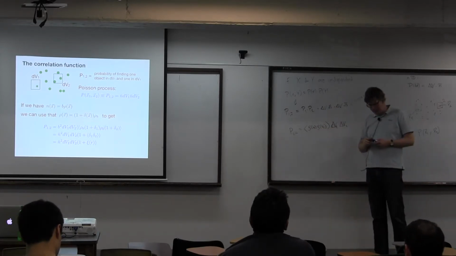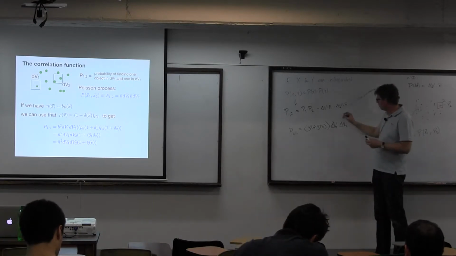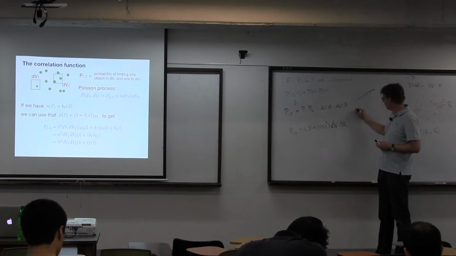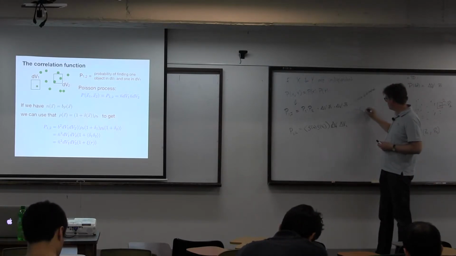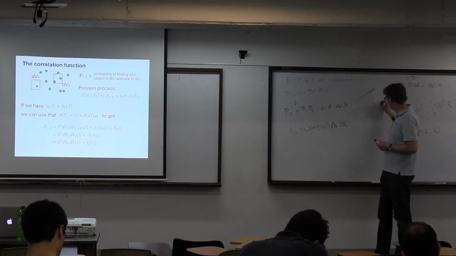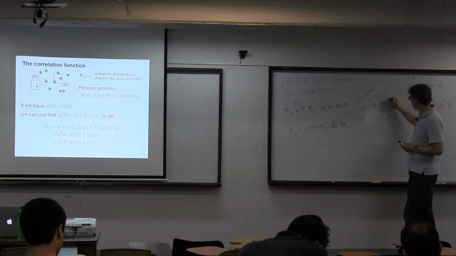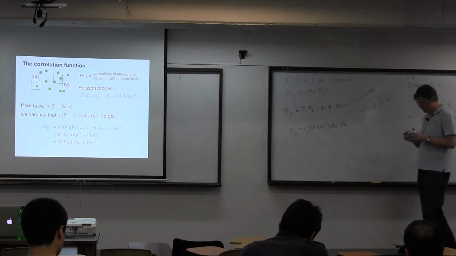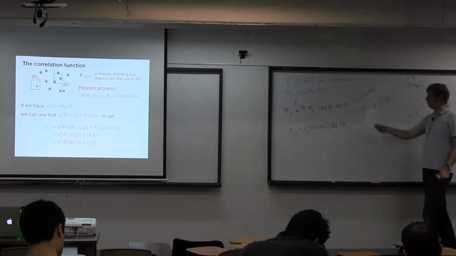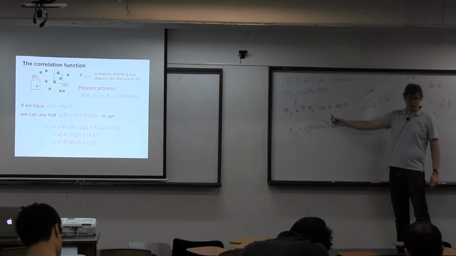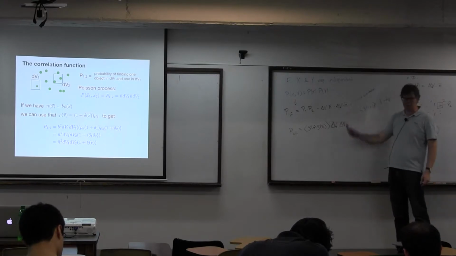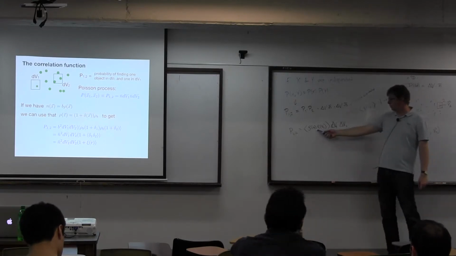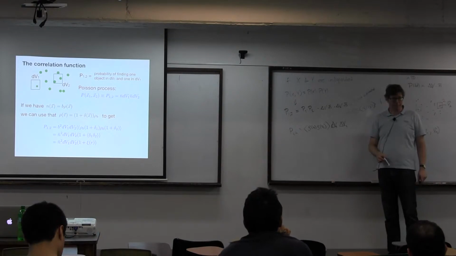If it's independent, this would be mean rho x1 times mean rho x2. And then the mean density is this n prime. So then we're back to the same way. But this is also correct when the two depend on each other.